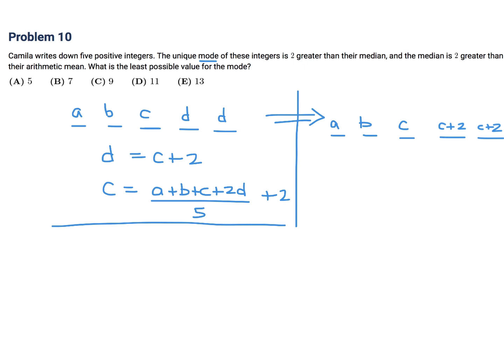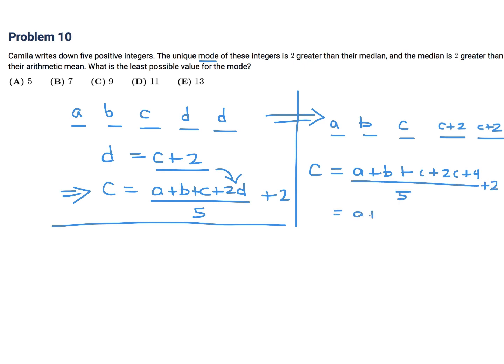And then this calculation would therefore become a plus b, since d is c plus 2, I can make that substitution. So c plus 2c plus 4 all over 5. And then don't forget that plus 2. So that's going to be a plus b plus 5c.